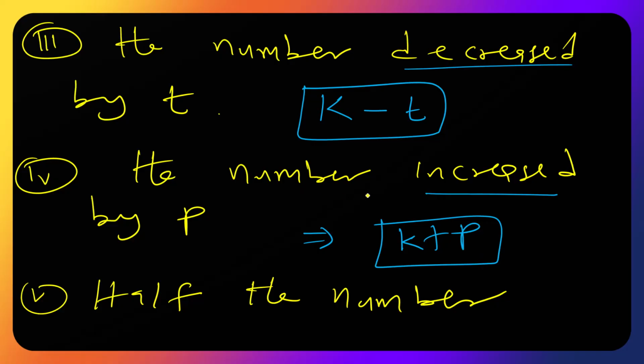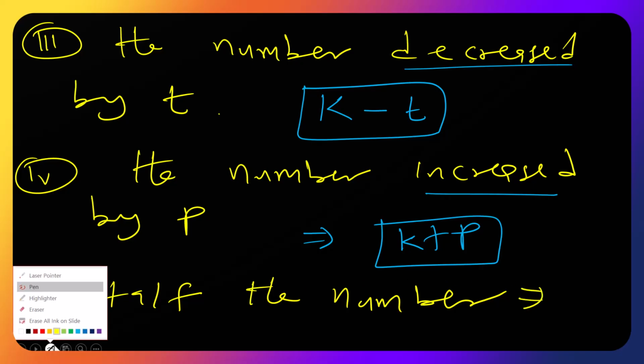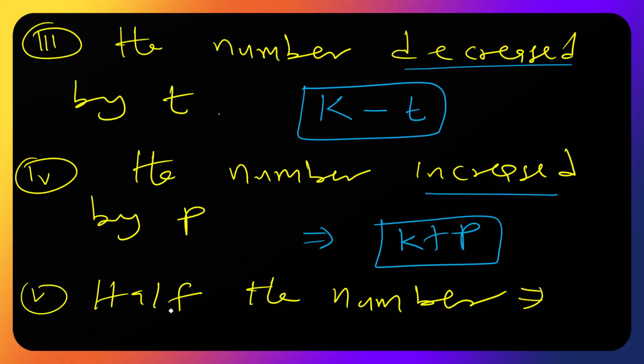Half the number means, so the number in question is k. So what is half? 1 over 2. So half the number means half times that. So it's the same as half of it. That's the meaning.